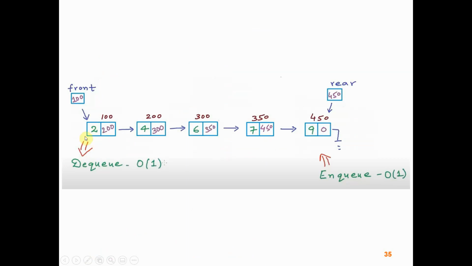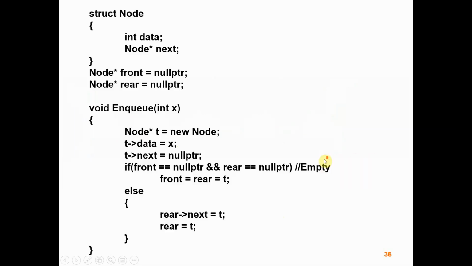We dequeue from the head of the linked list and enqueue from the tail of the linked list, so that we can have big O of 1, constant time consumption for both insertion and removal.